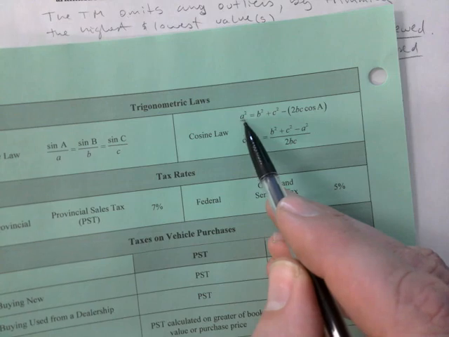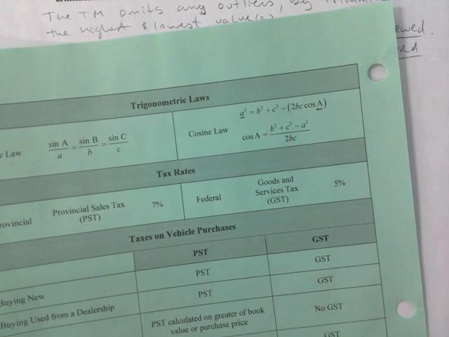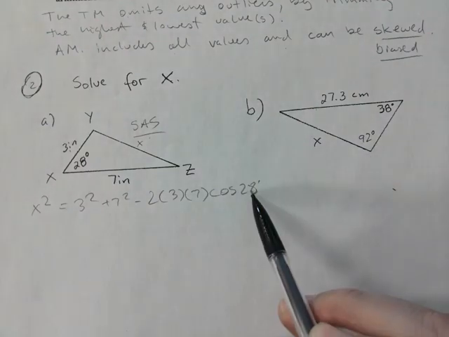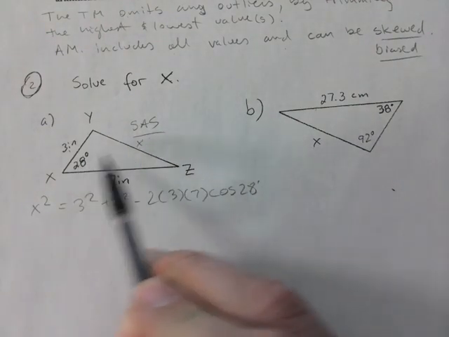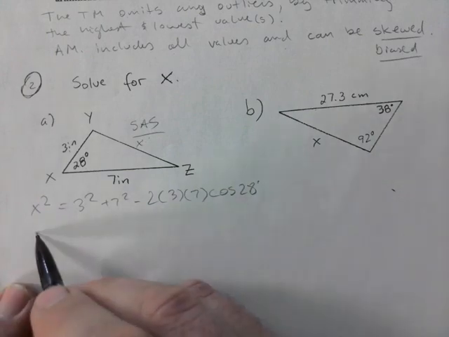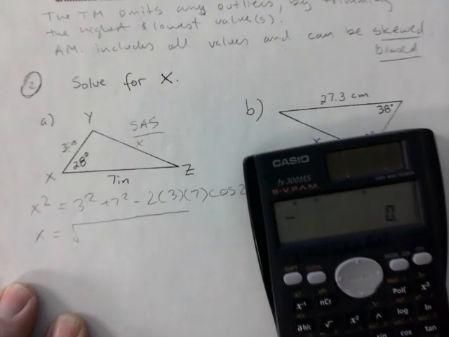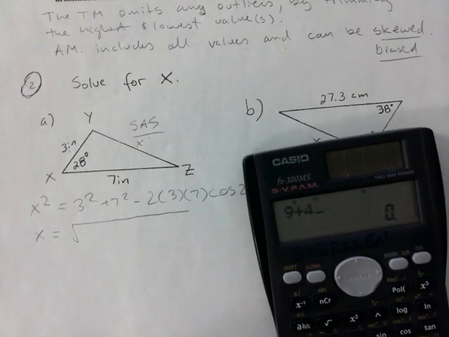And notice that if you want to solve for side A, you got to make sure you have that angle across from it on the other side. That is key. They're across each other. It's like a pattern. The next line is just plugging that in. So that's 9 plus 49 minus 42 cos of 28.